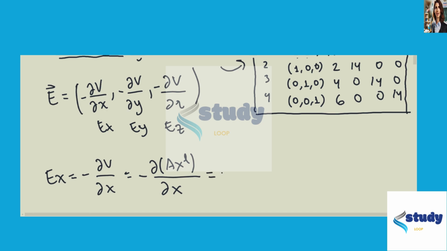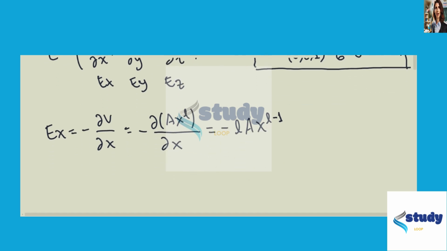A is a constant and can be taken out of the derivative, and we will have minus L A x to the L minus 1. So this is for this first component.